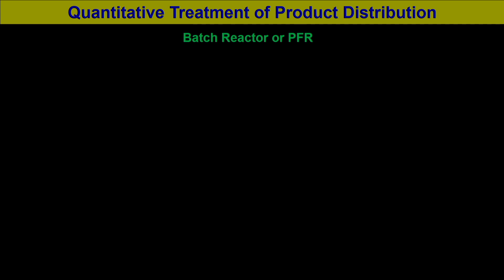Now, let us quantitatively discuss the product distribution for two different cases. One is the batch reactor and PFR, and the second case is the mixed flow reactor.